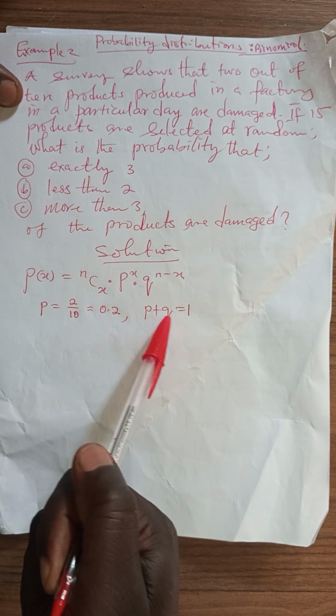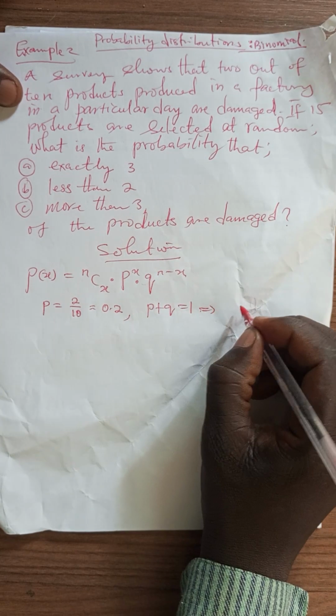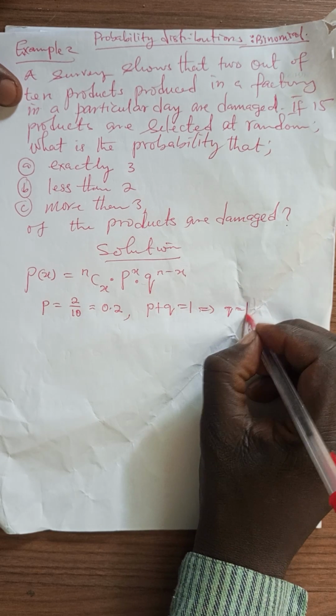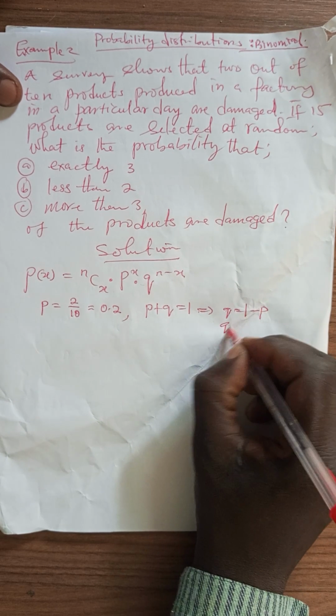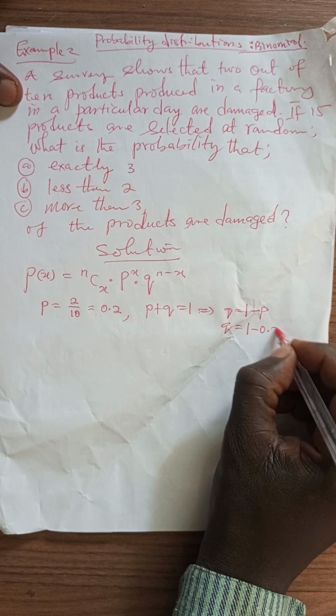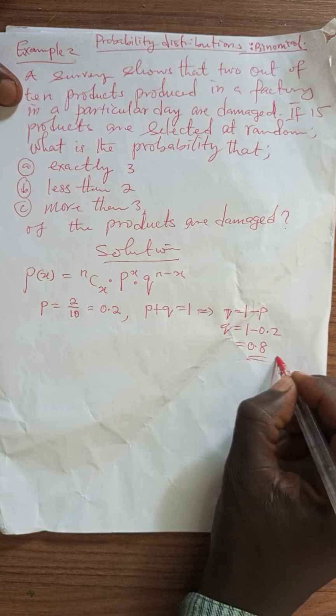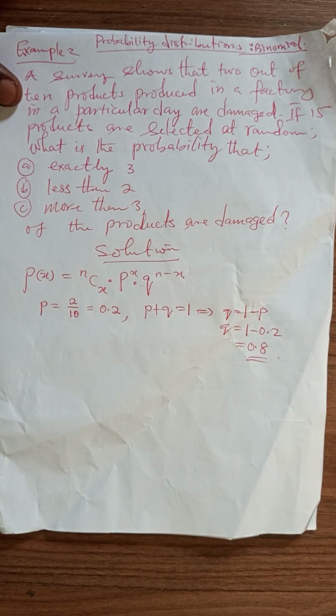Probability of success plus probability of failure is always equal to 1. And this implies that q is equal to 1 minus p. It means q is equal to 1 minus 0.2, and that is equal to 0.8. So our q is 0.8.